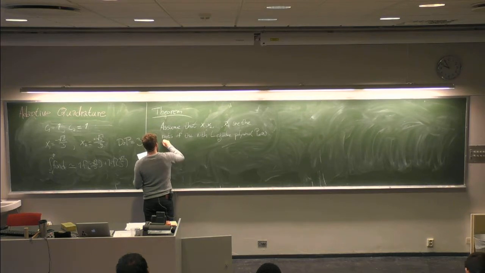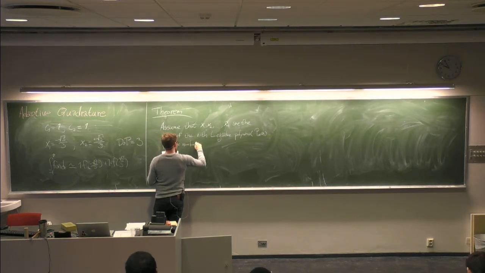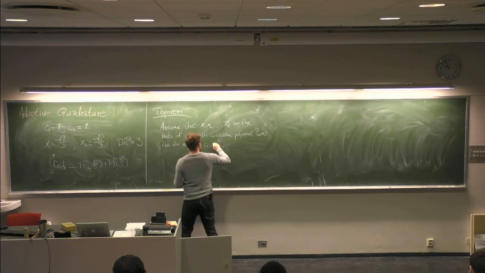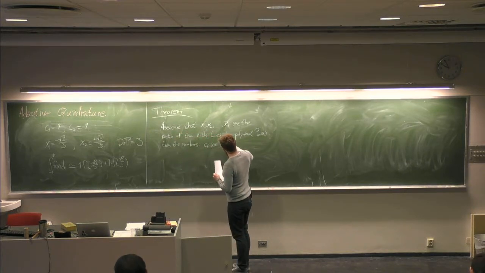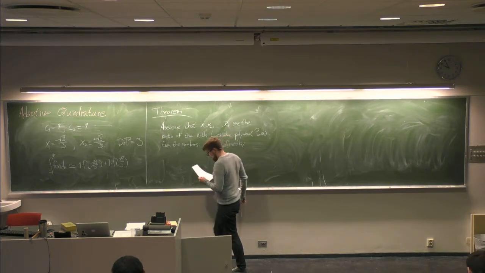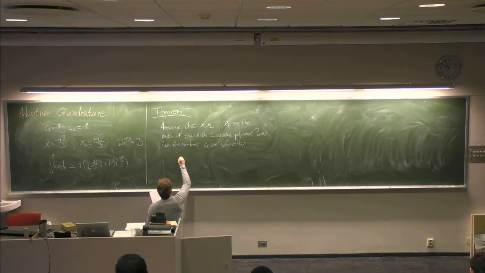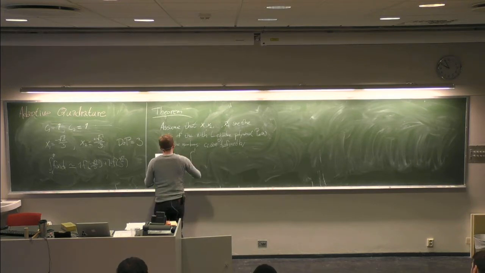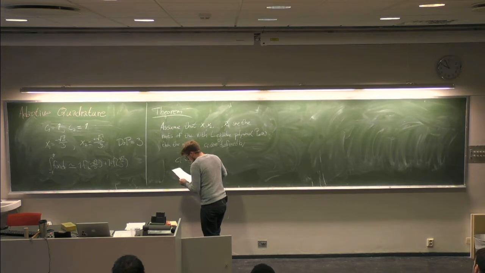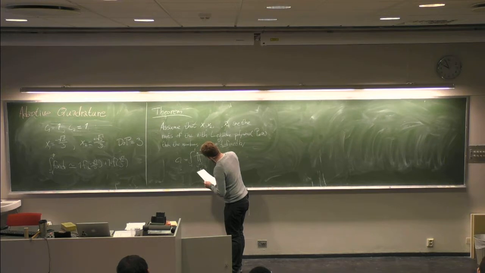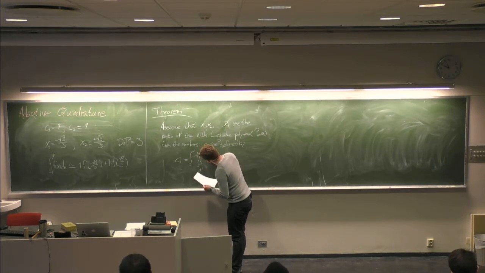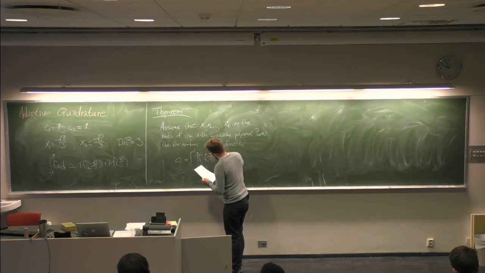Then the numbers ci are defined by ci, and again you see we do an integral from -1 to 1, the product over j equals 1, j not equal to i, to n, of x minus xj over xi minus xj, dx.